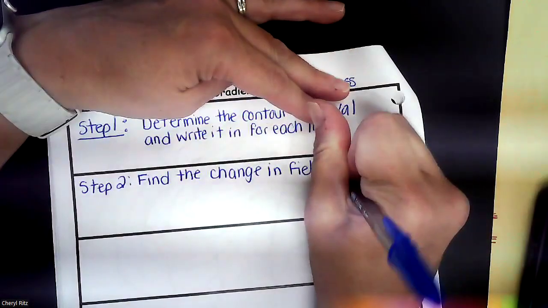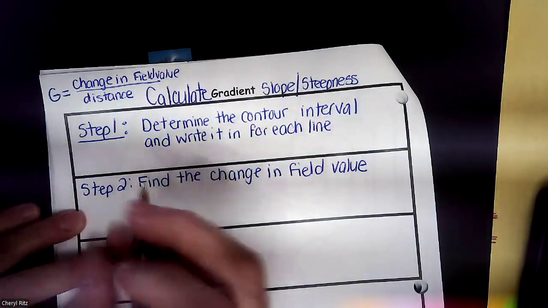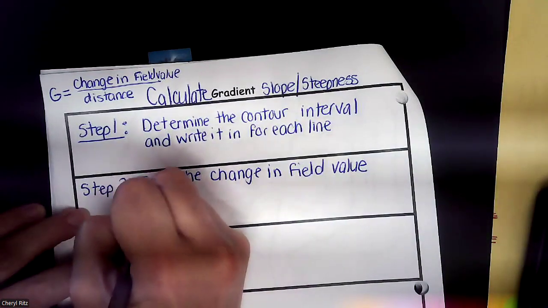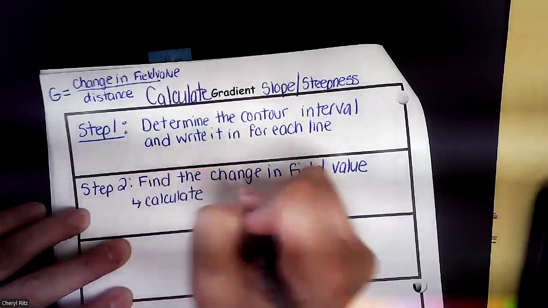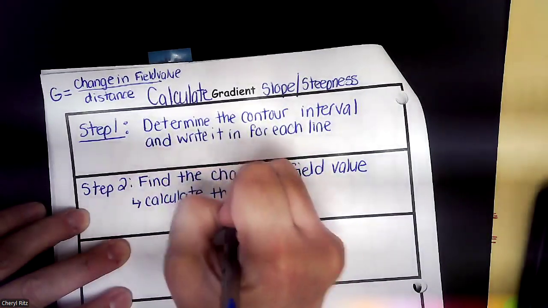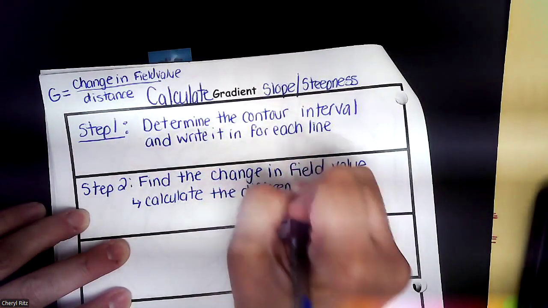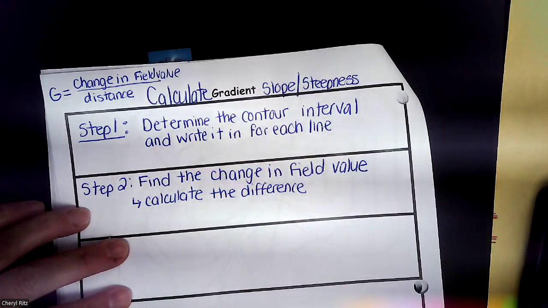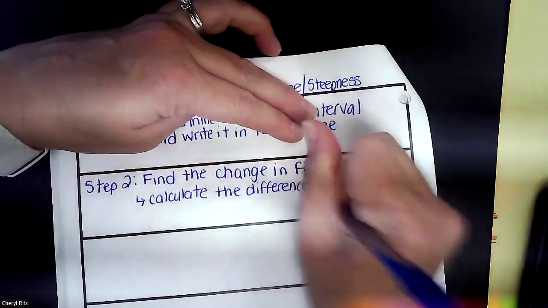Find the change in the field value. In other words, calculate the difference between the 2 points. What kind of math are we doing to calculate the difference? If you want to add that, you might want to.